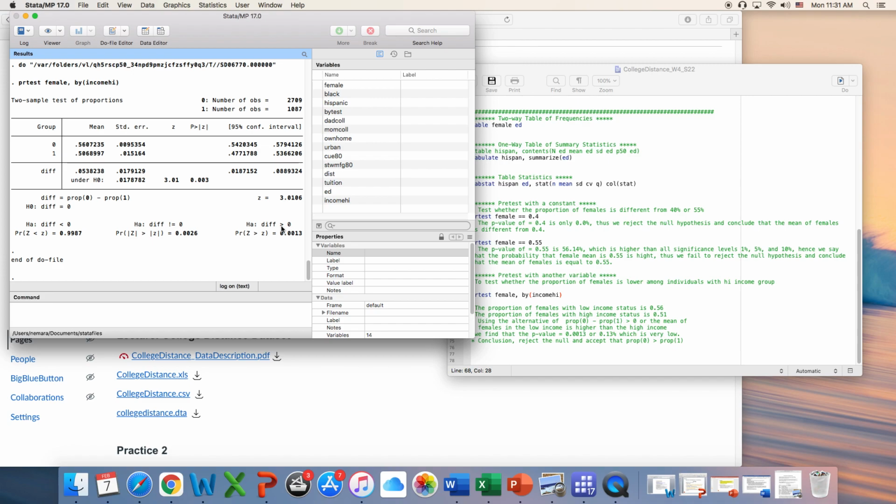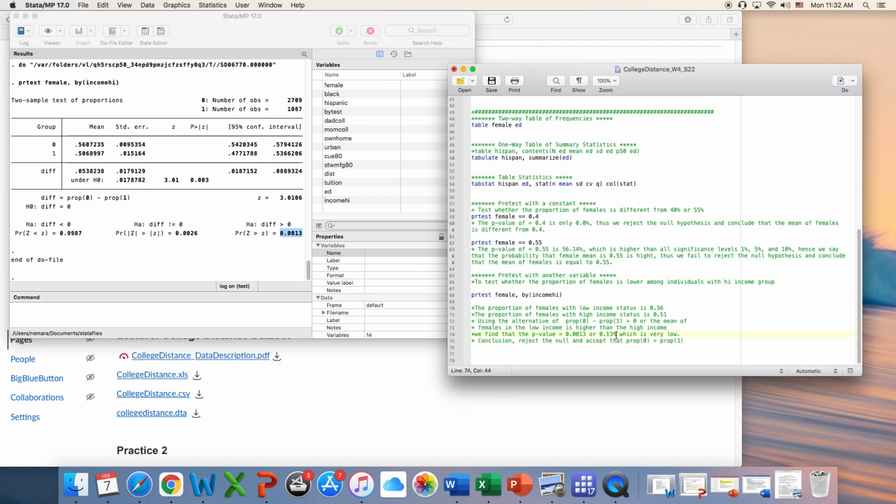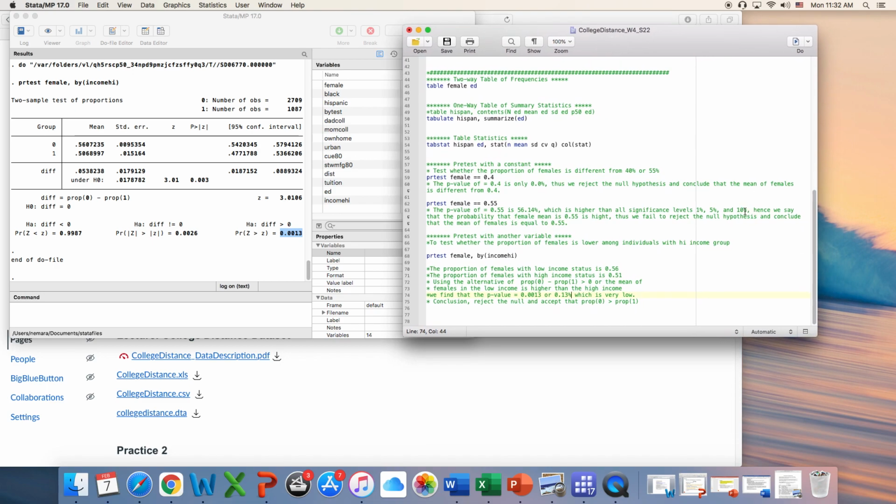Okay, and what we can find is the probability is 0.013, or you can multiply this by 100, right, and say 1.3%. Again, this is very low. What do I mean by very low? Well, I compare it with the significance levels, right? So you can actually repeat the same sentence and be specific. It's very low.